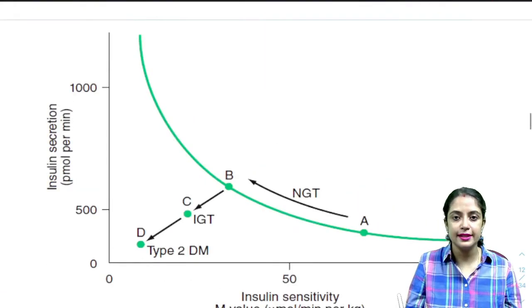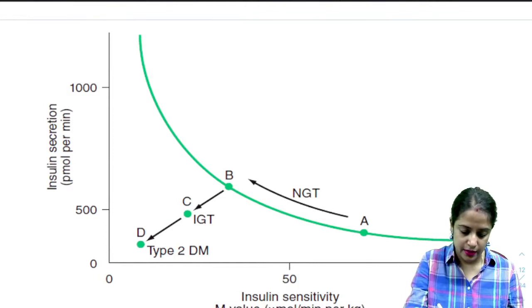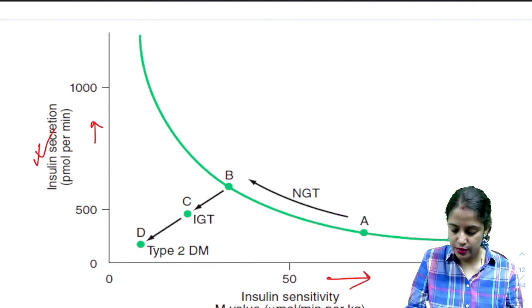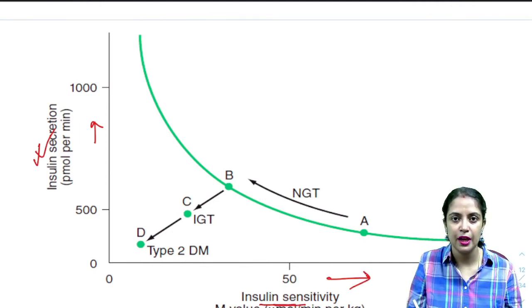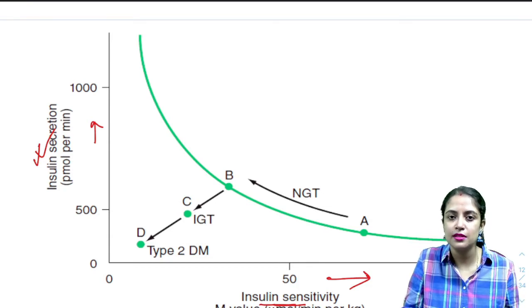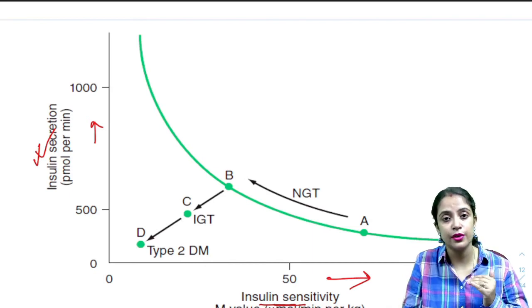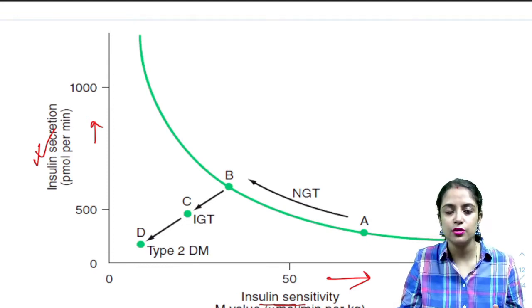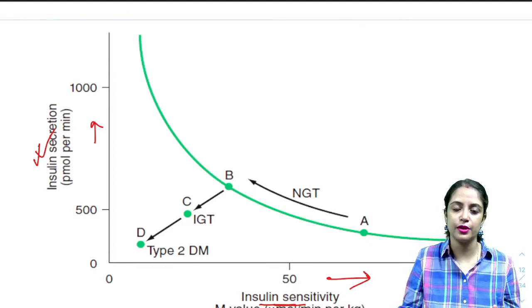Now, if you look at this graph, this is the insulin secretion, and this represents insulin sensitivity. As the insulin sensitivity reduces, that means as the insulin resistance increases, the insulin secretion also increases. That means our body tries to compensate for the resistance.